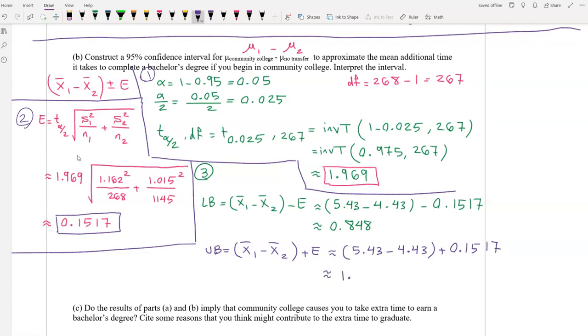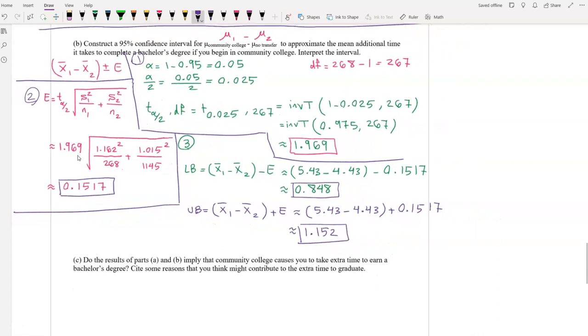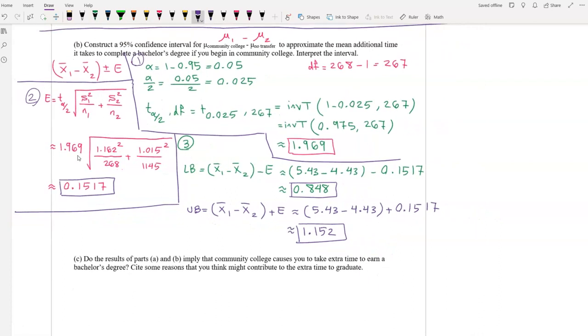And the answer is 1.152. This is our interval.